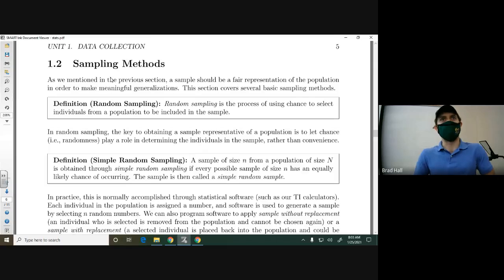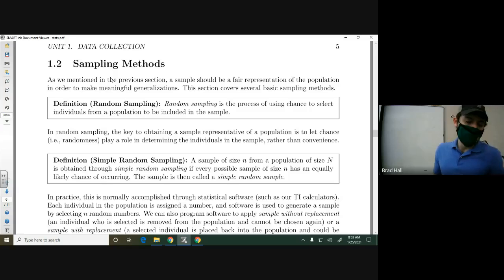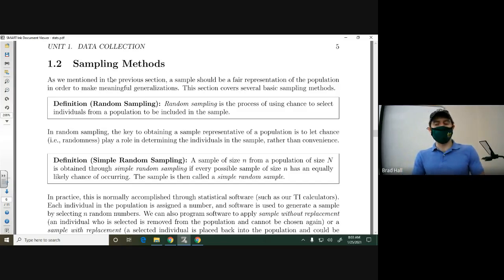And obtaining a sample isn't just as easy as, all right, go find 20 people from these 100 people and study them. Because sampling tends to have an inherent issue with bias.